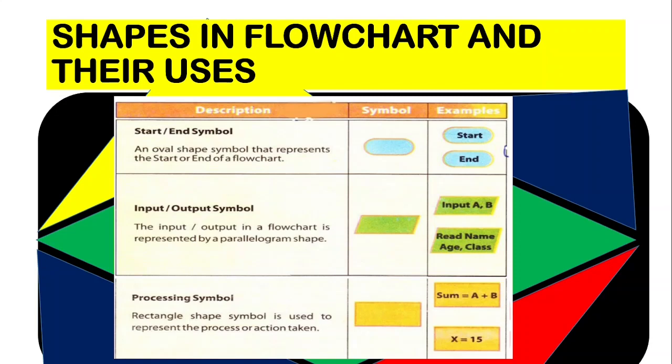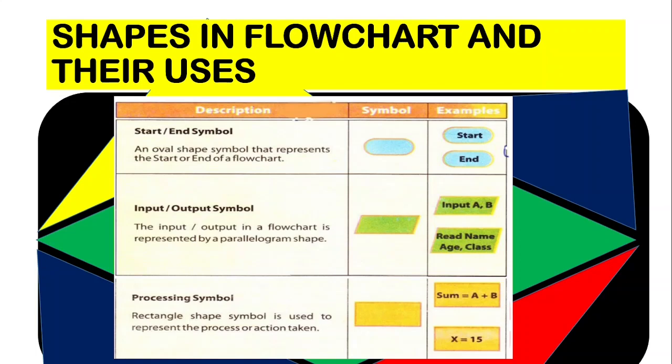If you watch the video, you find out that it's the same shape that was used. Then if you want to input anything from your keyboard, or your program is meant to output, you use the parallelogram on your flowchart.